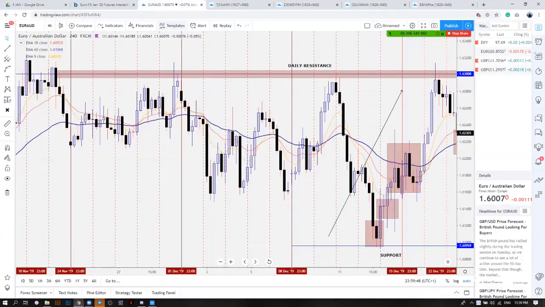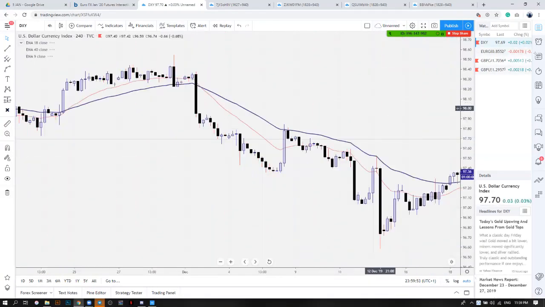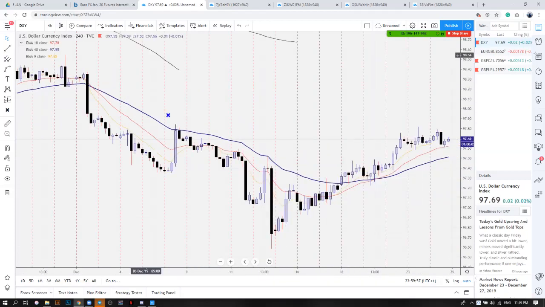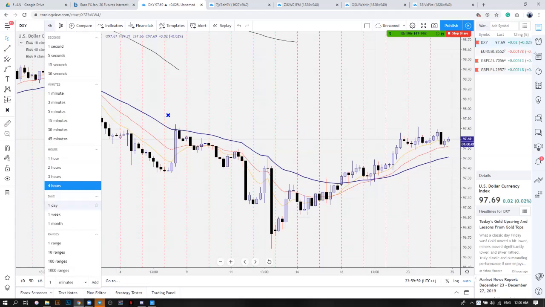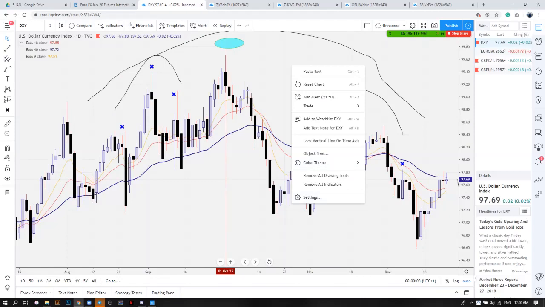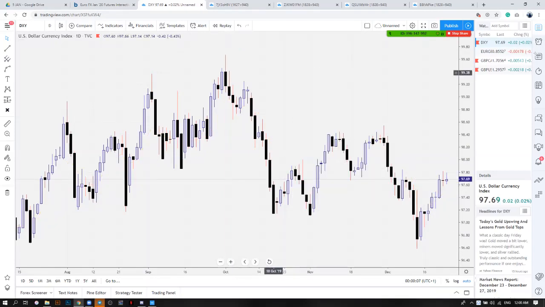Let's see examples. Now, this is a DXY. The DXY stands for the dollar index. Okay, let's go to the daily time frame. So, remove all indicators, remove all drawing tools.